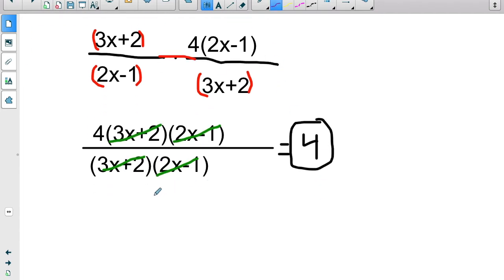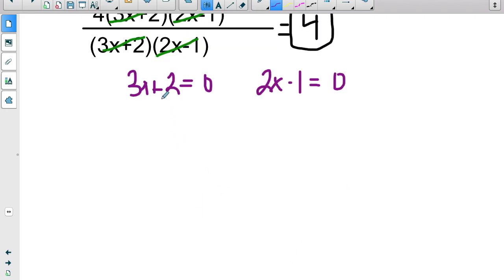Now it would be good to find our restrictions. So our 3x plus 2 canceled out on top and bottom. So we can set it equal to 0. And our 2x minus 1 canceled out on top and bottom. So we'll set it equal to 0 and see what these are. Well, 3x plus 2, the first thing I would need to do is subtract 2 from both sides.